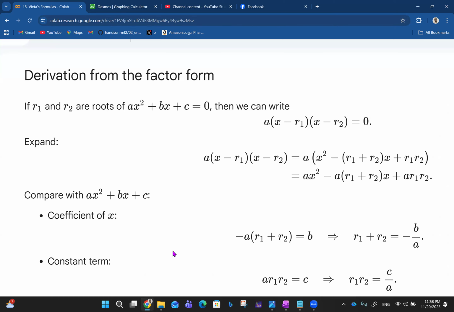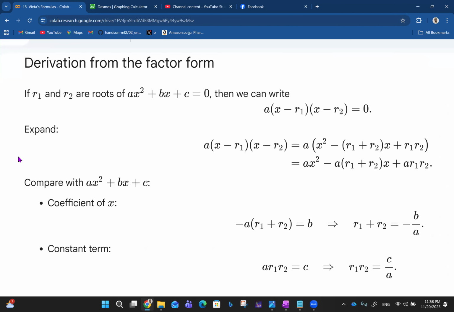Talking about the derivation now, if r1 and r2 are roots of ax squared plus bx plus c equals 0, then we can write that a times (x minus r1) times (x minus r2) is equal to 0. If that is the case, we can then expand this whole thing.